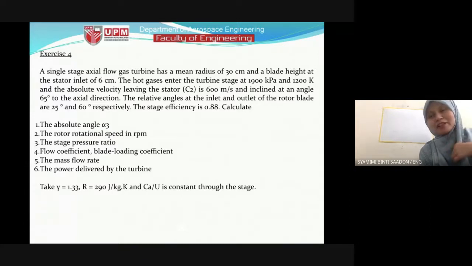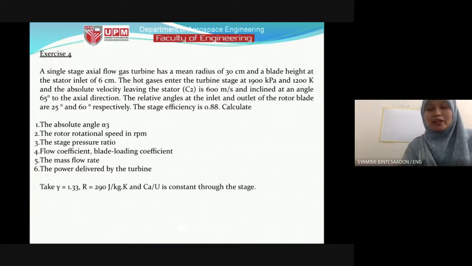Remember for turbine, the moving part is the rotor. So the position of the turbine, we have nozzle or stator, rotor, stator, rotor, stator, rotor.